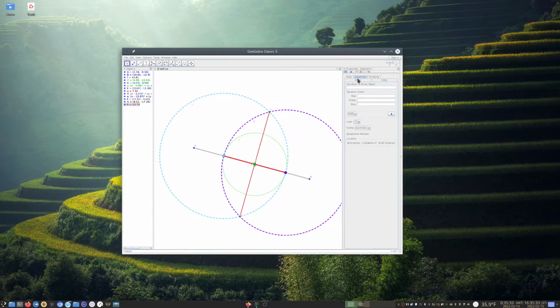Let's just make this red. Color, basic. There we go. All right, and then I'm going to want to hide all the labels because I don't like labels.